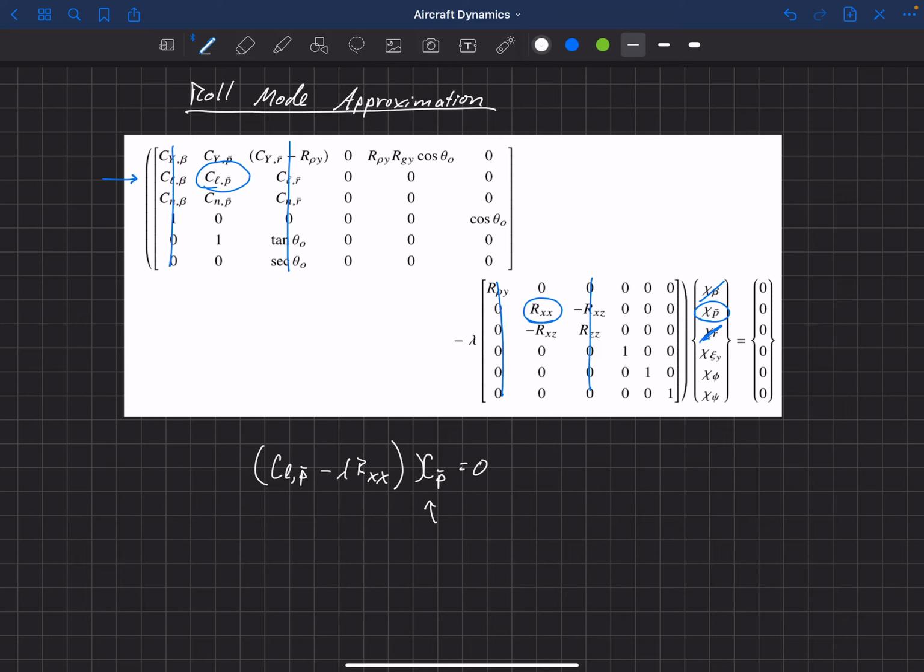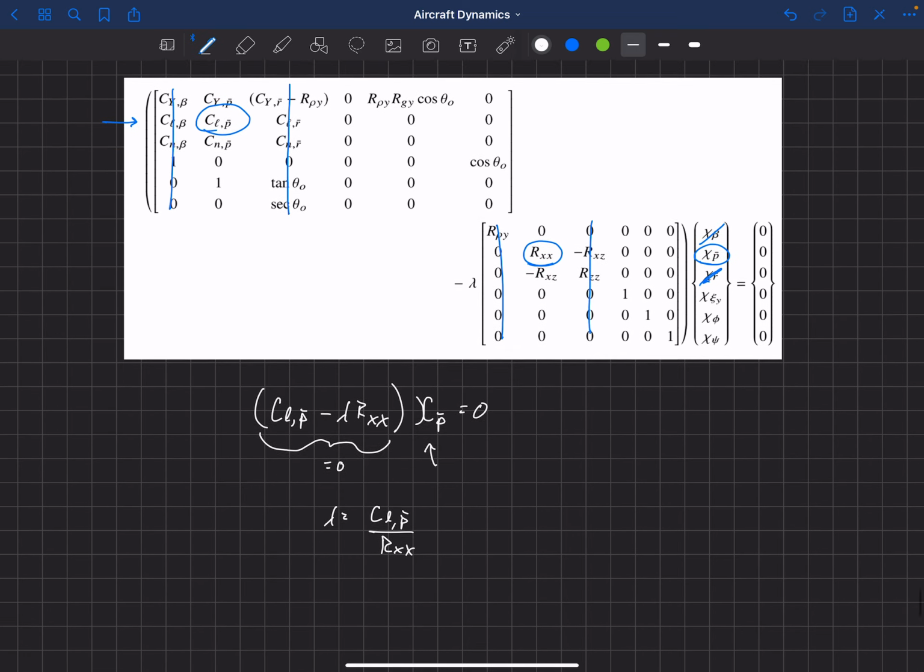The non-trivial solution is the one that we're looking for, and that's where this term is equal to 0. So we set that equal to 0, and what we get is that lambda is equal to CL P bar divided by RXX.